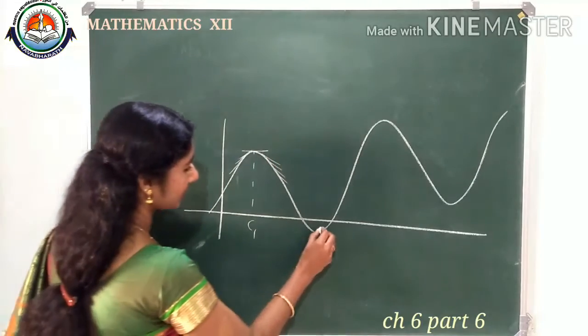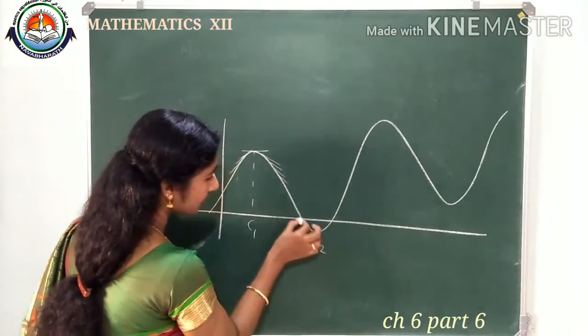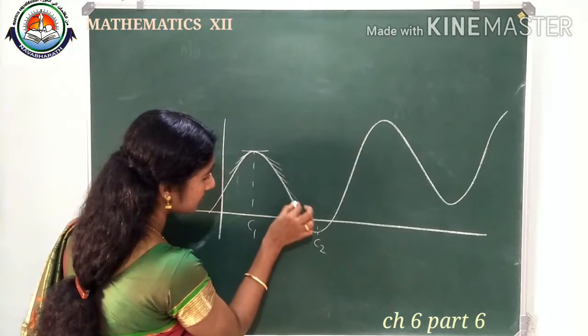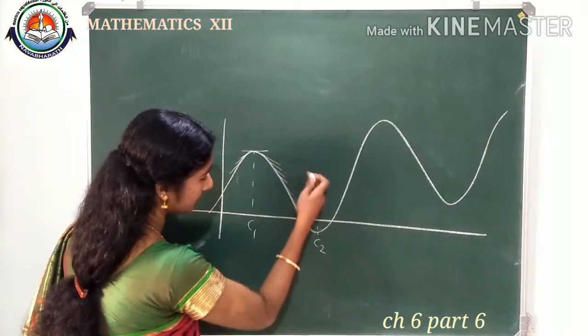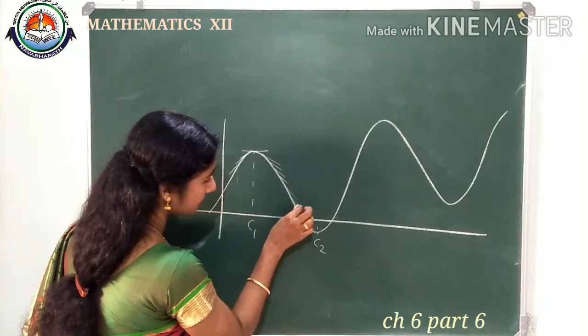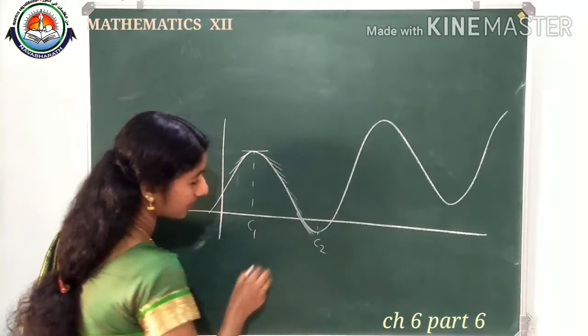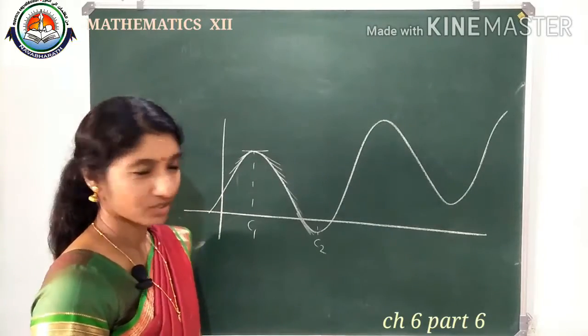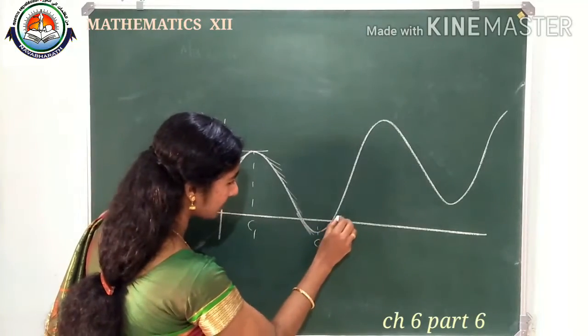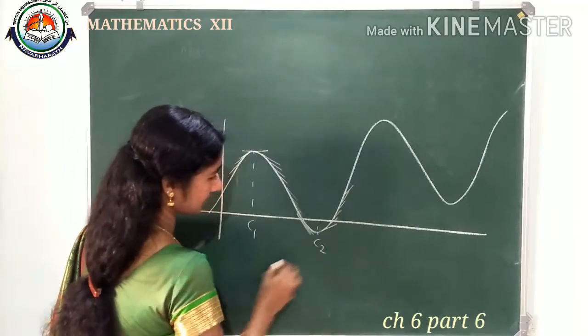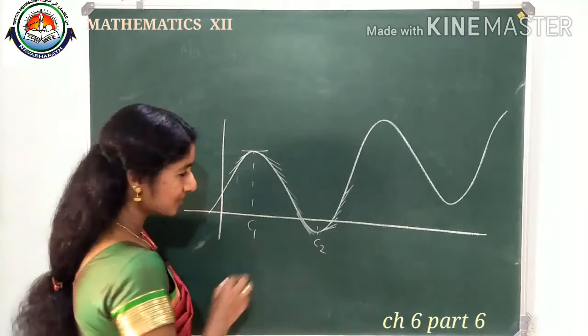And when we draw at C2, up to here it is above the curve, but after one point, see how all these tangents are coming under the curve. All these points are under the curve. Correct, no? So you can think like that also.